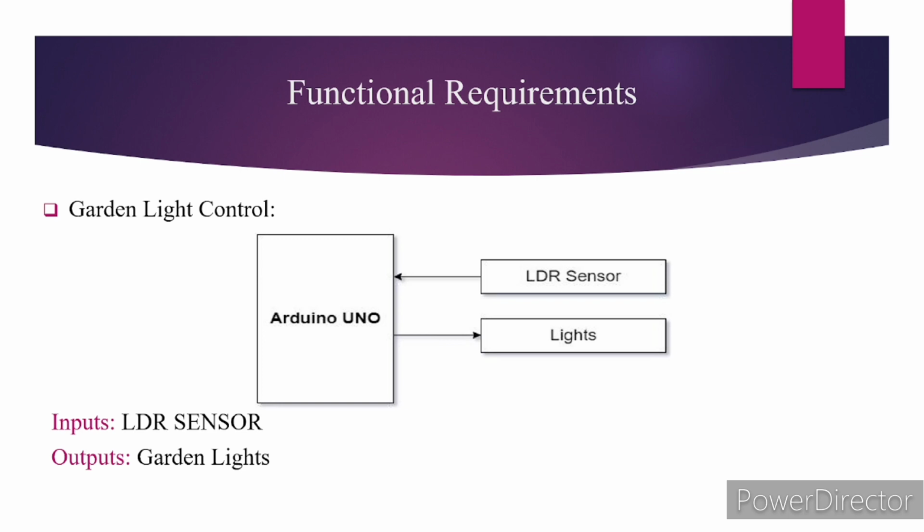Now we need to turn on the garden lights. To sense the sunlight, we are going to use an LDR sensor. The data from the LDR sensor is sent to Arduino, which then sends the required control signals to control the garden lights.